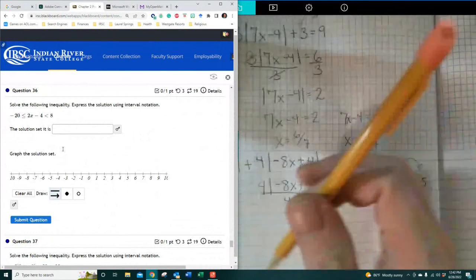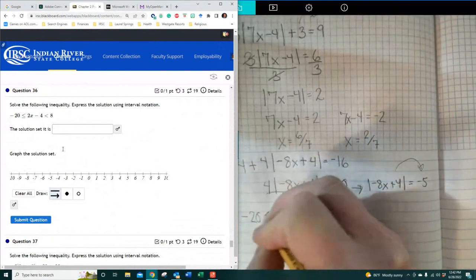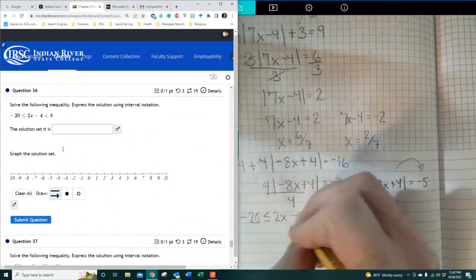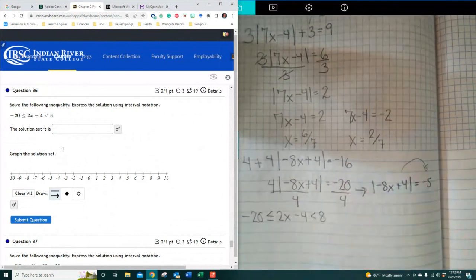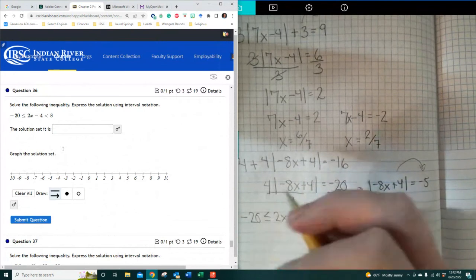Now 36. These are compound inequalities. When you have this, what you do to the middle, you do to both sides.